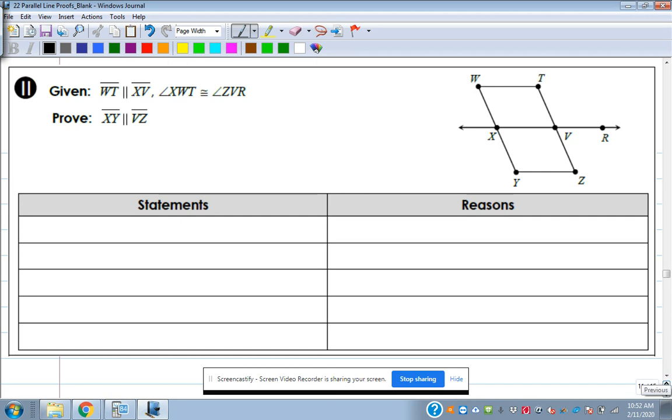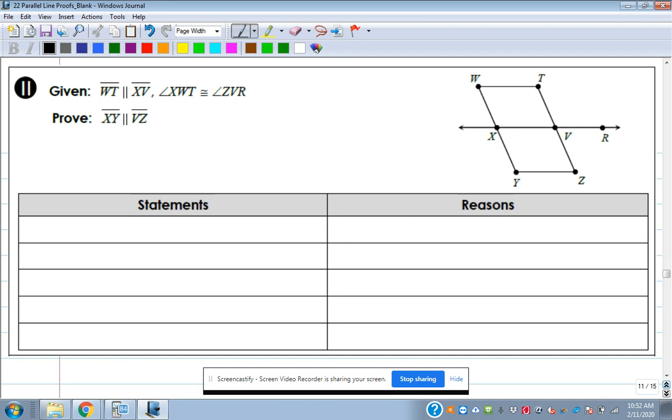Couple more, 3 more, then I'll let you do some on your own. So we have WT parallel to XV, and angle XWT congruent to angle ZVR. And then we want to prove that XY is parallel to VZ.